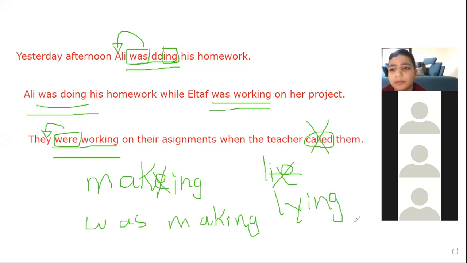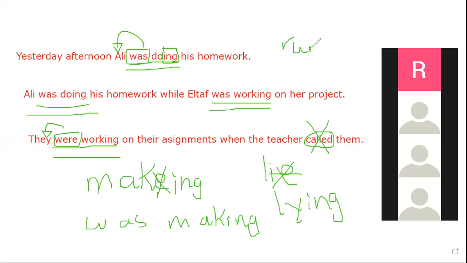Okay, guys, I'm moving quickly over these rules because we explained them on Monday. And one more thing, if the verb ends with consonant, vowel, consonant, and we are stressing on the last syllable, we have to double the last consonant, like run. He was running. I double the last consonant, then I add ing.